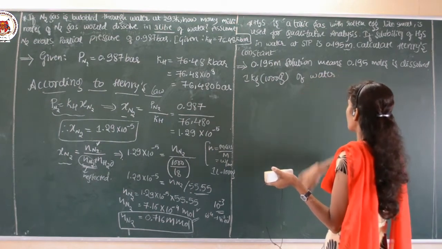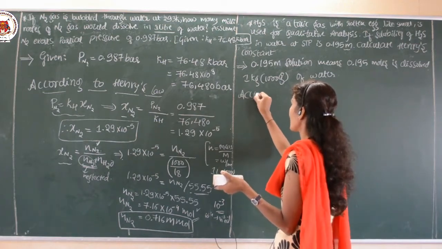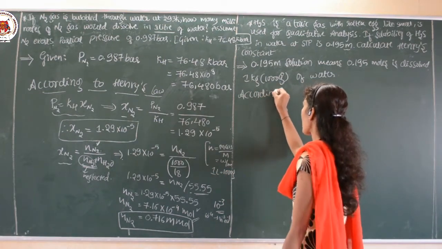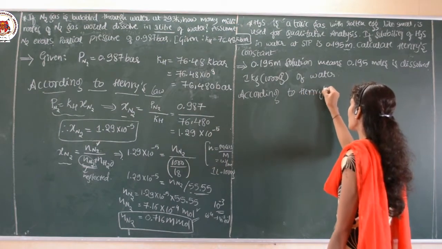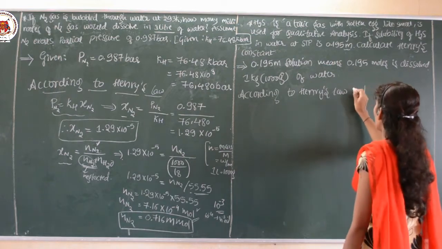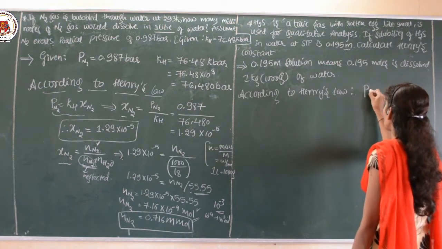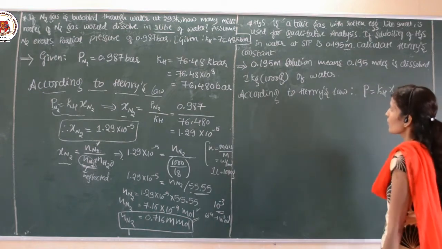Okay. So, now according to Henry's law, P is equals to KH into X. What is the question?